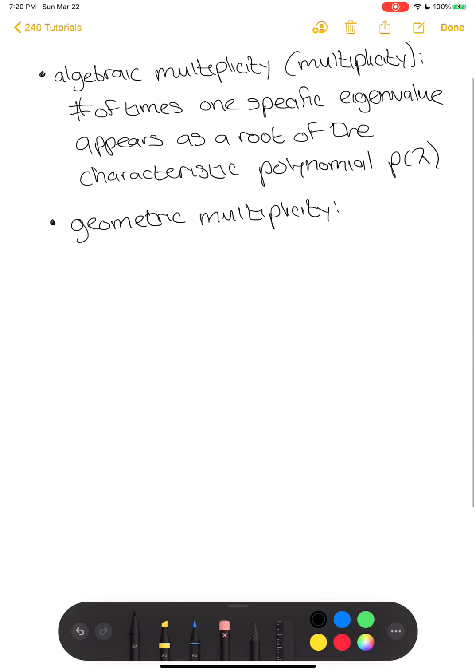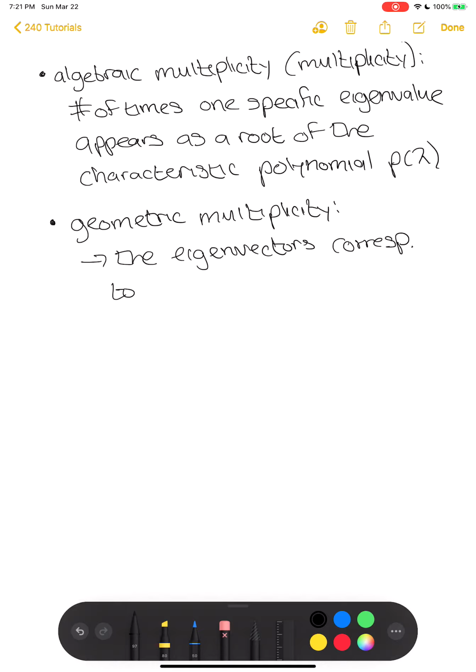And so the eigenvectors corresponding to an eigenvalue lambda, these actually form a space. And we call this space the eigenspace, of course.